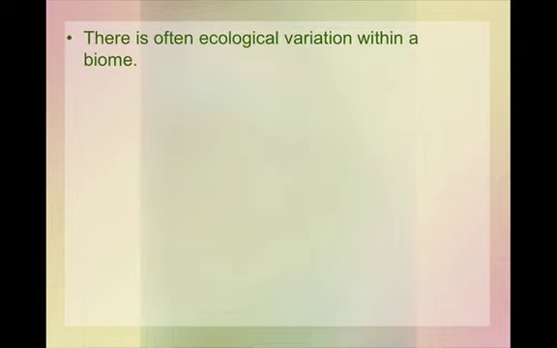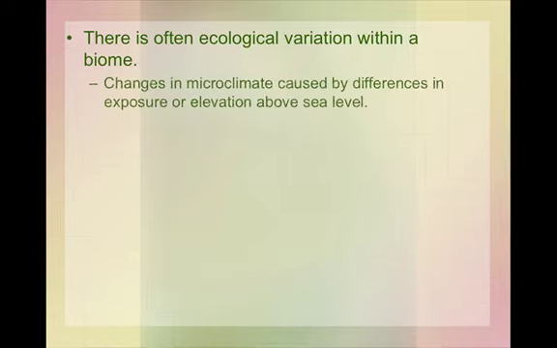There's often an ecological variation within the biome. For example, changes in microclimate caused by differences in exposure or elevation above sea level. If you think about particular places where they have mountains, you go up, and then you go down the other side.